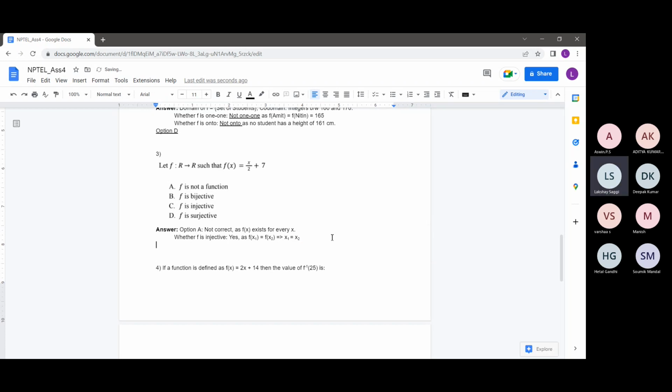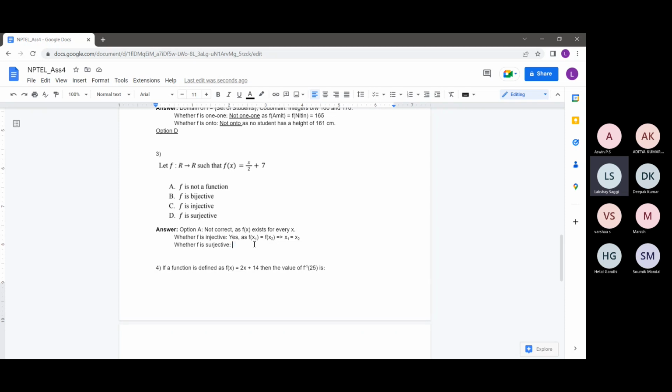So now whether f is surjective. Basically we need to show that for every possible y of the codomain, and codomain is R here, so for every possible real number, there exists an x such that y equals x by 2 plus 7.